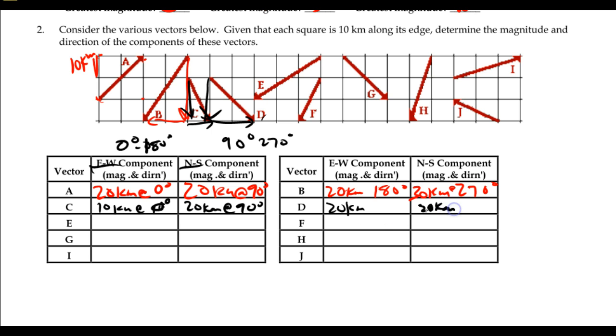So that's 20 kilometers, and it's at 0 for the east-west and at 270 for the north-south. E goes down and over, so down is 20, and that's 270, and then west is 30, 3 blocks at 180.